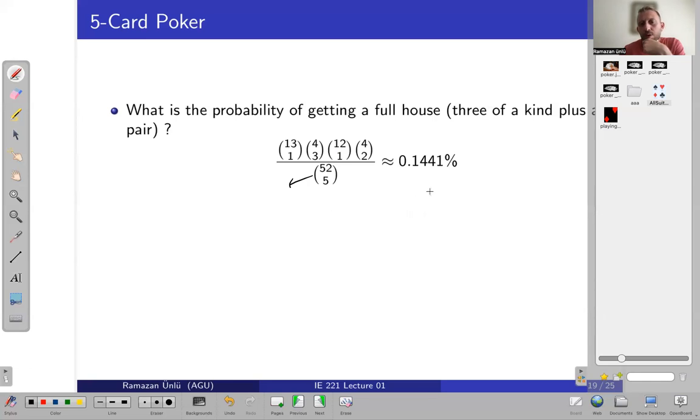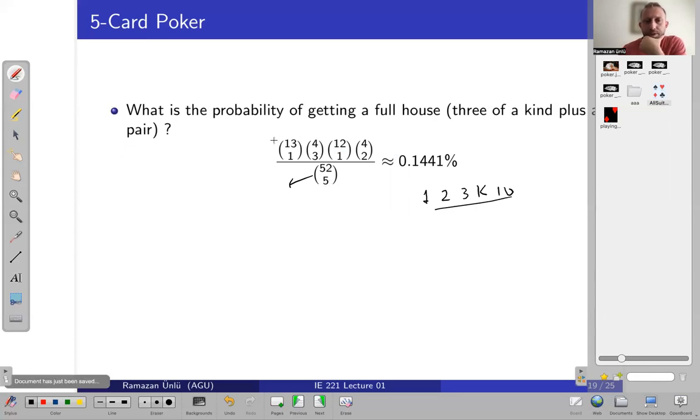For example, one combination can be 1, 2, 3, king, 10. So this part is used to calculate how many combinations of the 5 cards I can create.